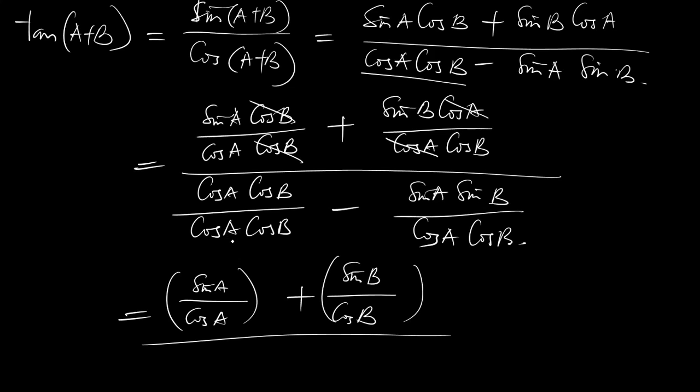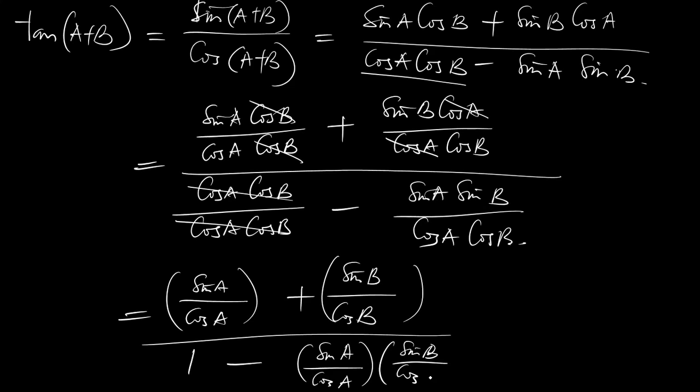Now, these are the same, so they cancel out, and you have 1 minus sine A divided by cos A times sine B divided by cos B.